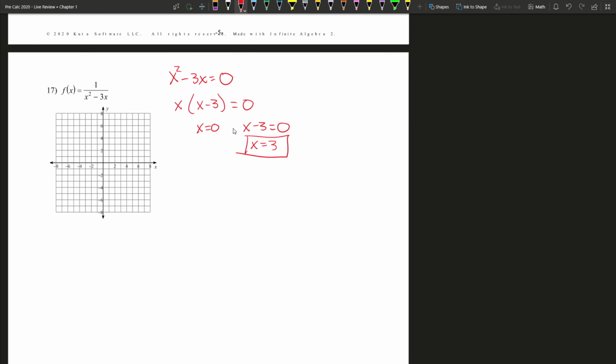So this time we have two asymptotes: 0 and 3. And then the degree of the numerator is less than the denominator, so we're going to have a horizontal asymptote at y equals 0.